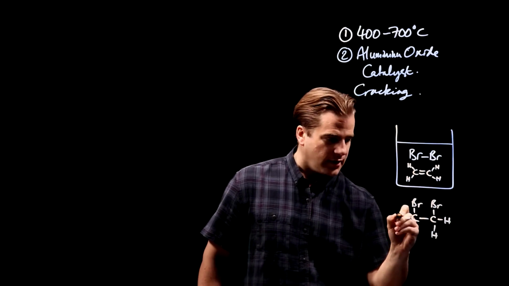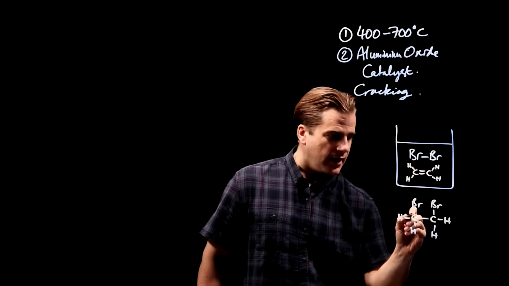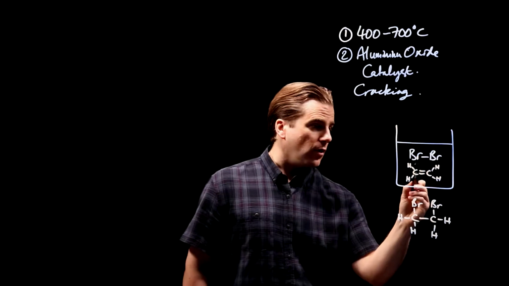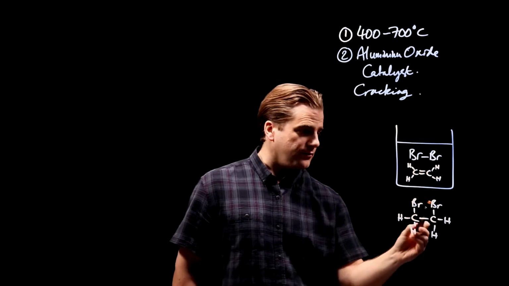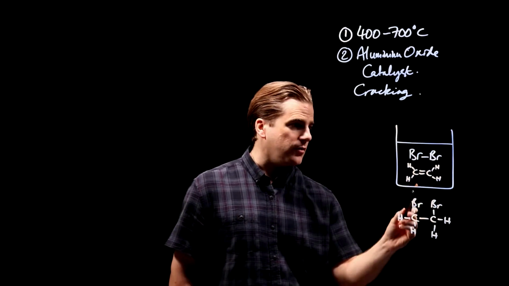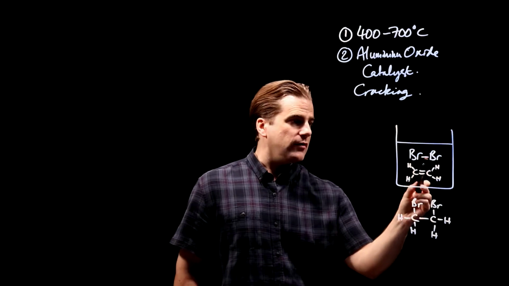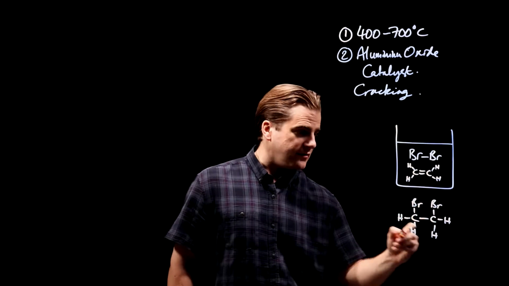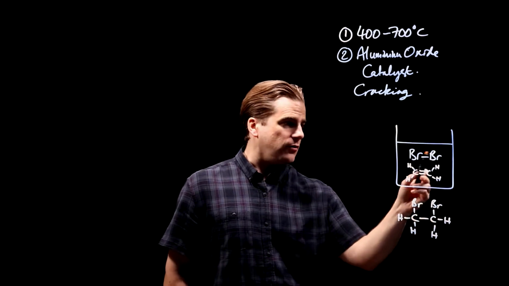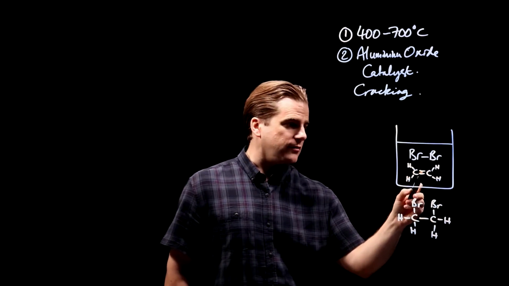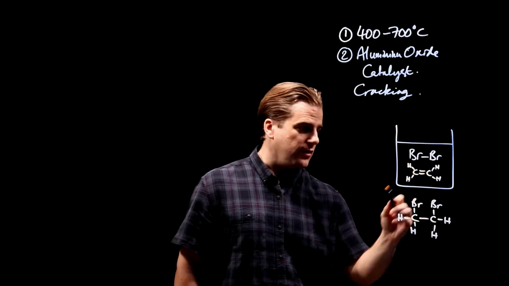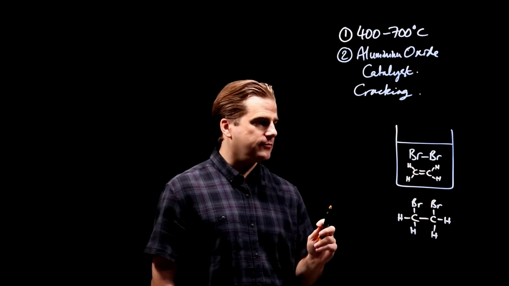The 2 bromine atoms end up on the 2 carbons of the alkene, and you've no longer got a bromine-bromine bond. That bond doesn't exist anymore, and it's that bond that gives this the orange colour. When all of the bromine is reacted with all of the alkenes, so the alkenes have mopped up all the Br2, there's no Br2 left, the solution is colourless.